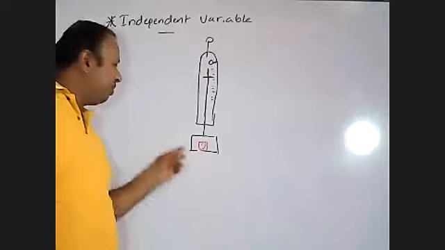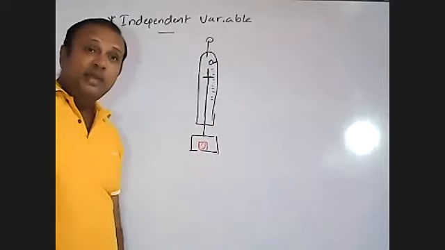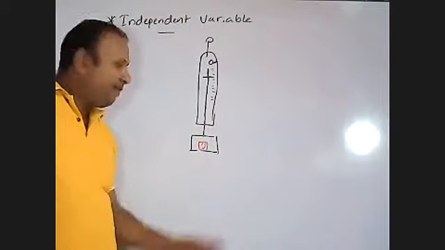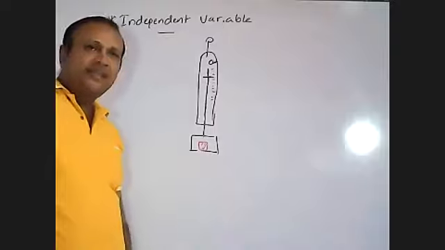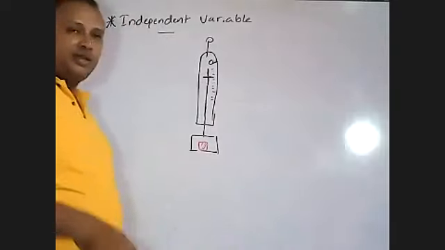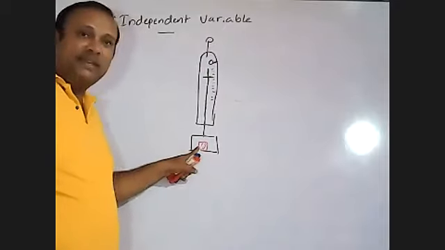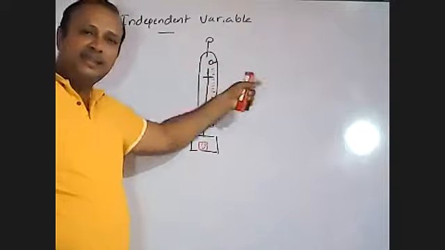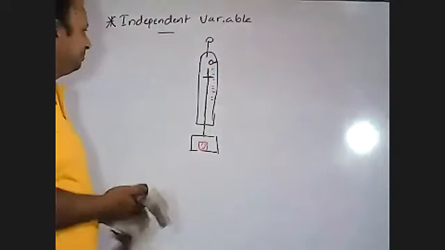Therefore, we can change the independent variable only. The weight is the independent variable and the scale reading is the dependent variable. Therefore, if you are asked to draw a graph, you have to choose the weight as the x-axis and the scale reading as the y-axis.